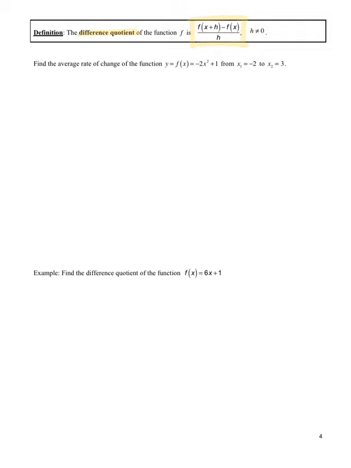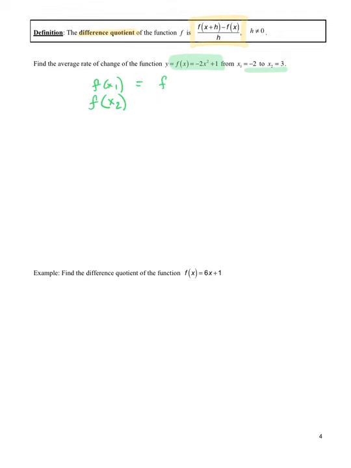So let's say I give you a function. Here's my function. And I'm asking you to find the average rate of change on this interval. So this is the interval I'm looking for. To find the average rate of change, all I have to do is evaluate the function at the first point and evaluate the function at the second point.